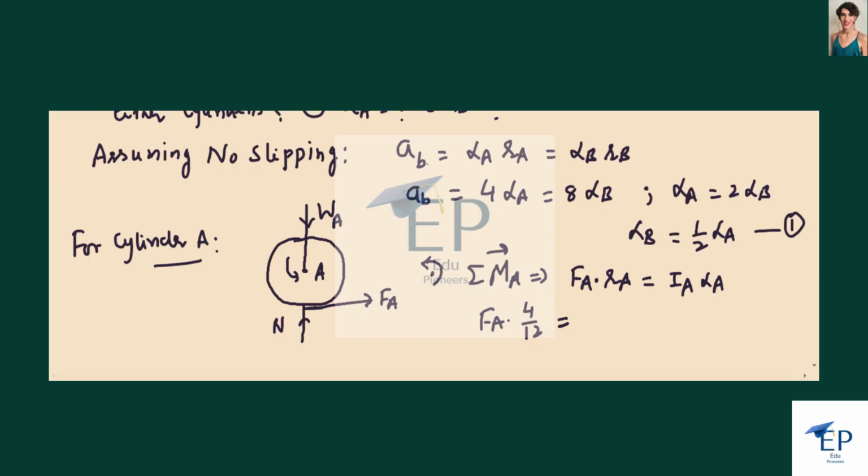Moment of inertia is half mr square. Weight is given, so convert into mass by g.